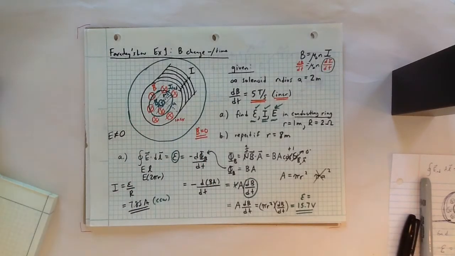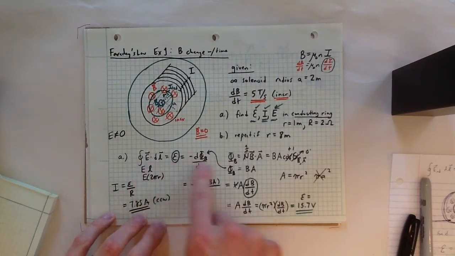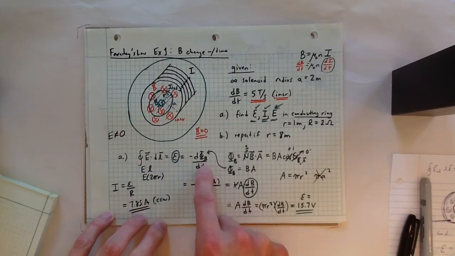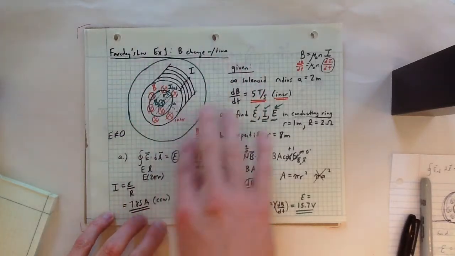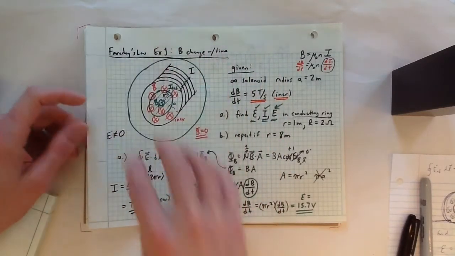That's one thing that I didn't mention earlier when I was talking about this equation: the electric field that is induced here does not necessarily have to be in the region of the magnetic field that made it. Even though there is no magnetic field out here, the induced electric field does extend outside the region of the solenoid. So let's work out the calculation.